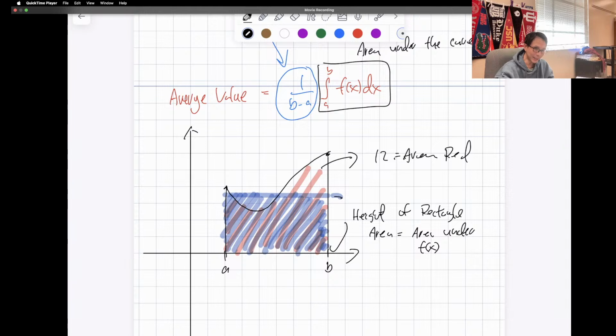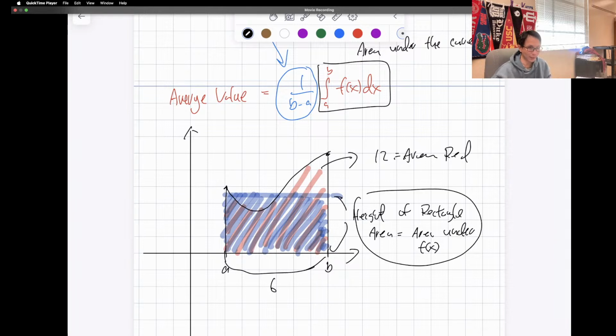Then the base is 6 units, so I divide by 6, and that way we know the height is 2. So this gives you the height of the rectangle.